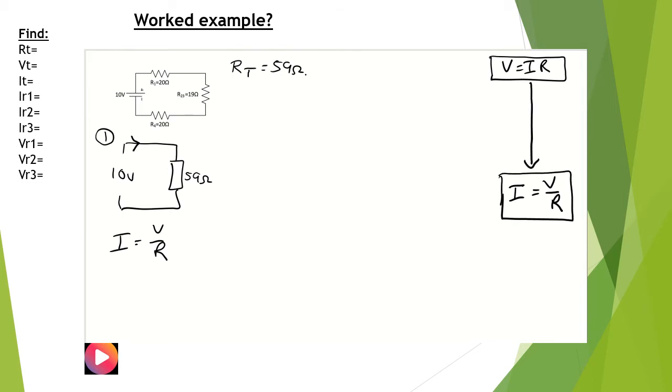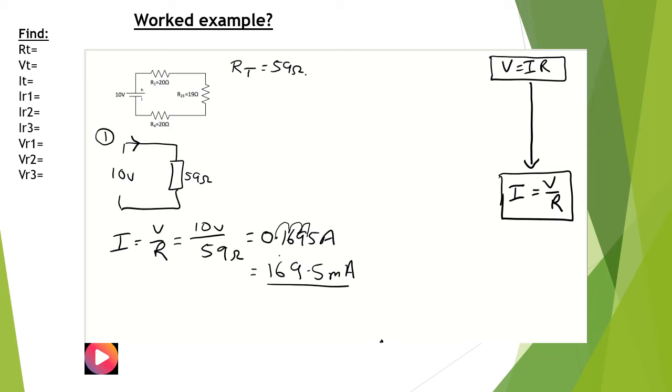Now, over here the voltage across the resistor is 10 volts divided by the 59 ohms. 10 divided by 59 is equal to 0.1695 amps. Or, if we move the decimal place 3 places, it'd be 169.5 milliamps.